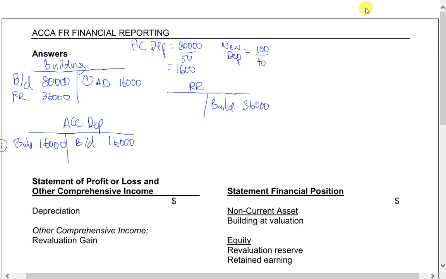So divide by 40 years, 1 year will be 2,500. 100,000 divided by 40 years. So debit depreciation. I'm not showing the depreciation account here, but we know it should be debit. And credit to accumulated 2,500, on the last day, 31st December.